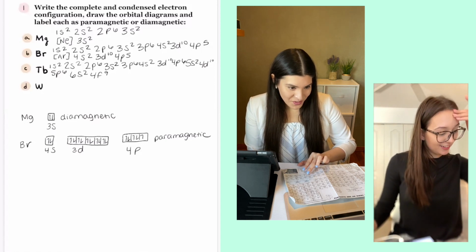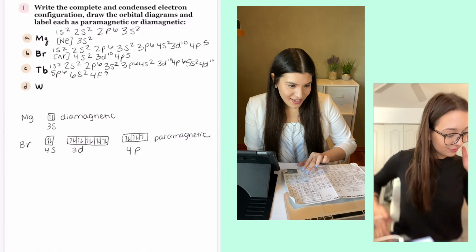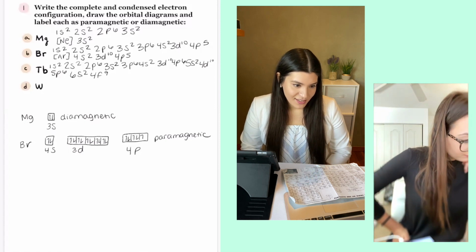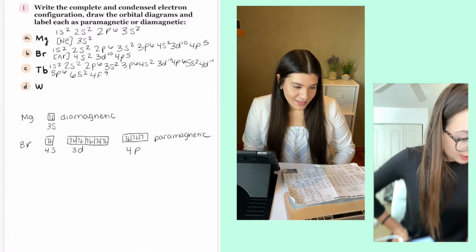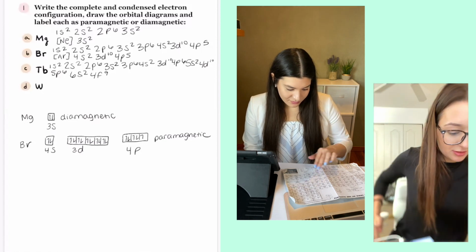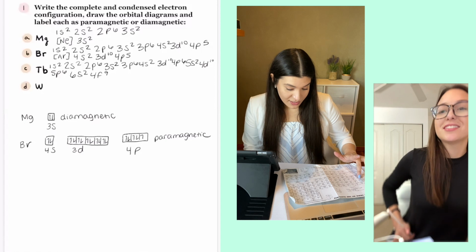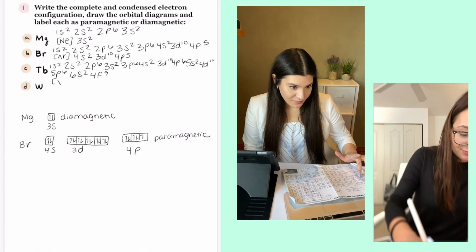And then, perfect. Then what's the condensed electron configuration? Okay. So as if it were here, it's going to be xenon. Correct.